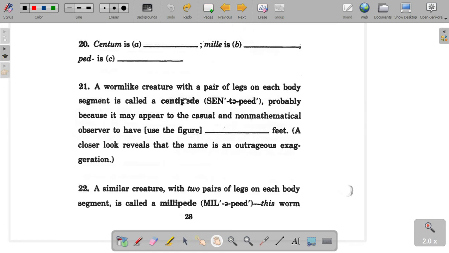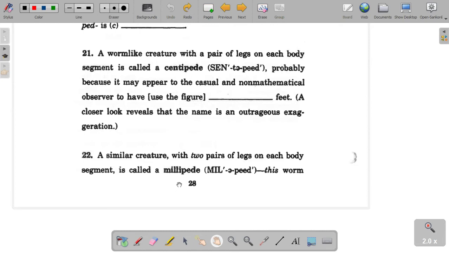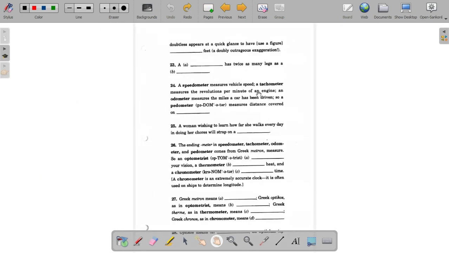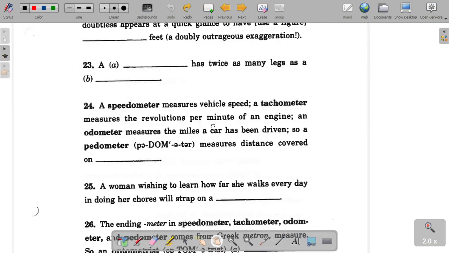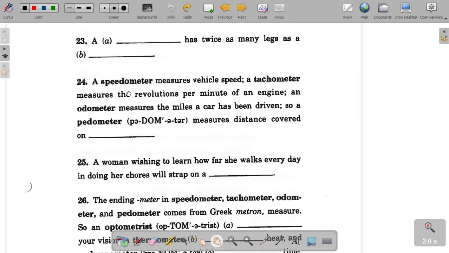So a worm-like creature that supposedly has 100 feet is a centipede. It doesn't actually have that many feet, by the way. There's also something called a millipede, which actually only has 2 pairs of legs on each body segment. So this worm appears to have 1,000 feet, but truly it doesn't have that many. So a centipede actually has twice as many legs as a millipede.